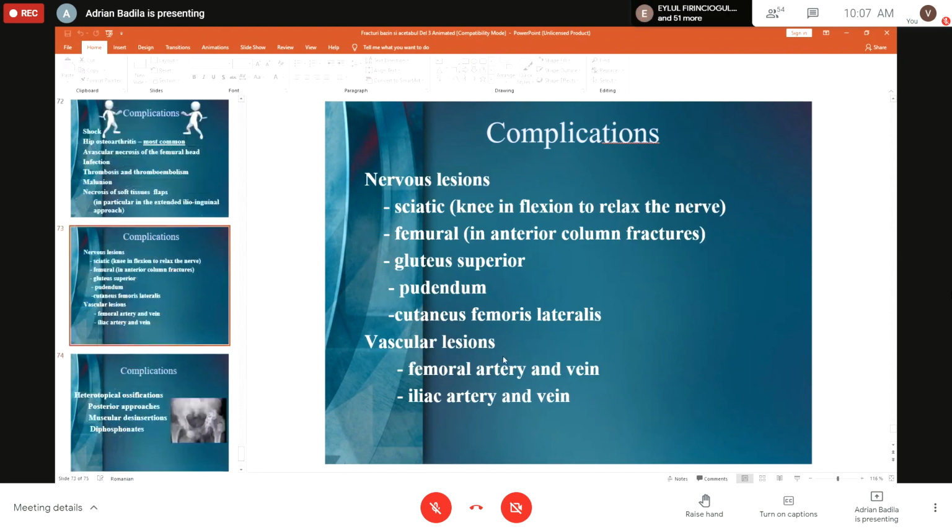Other complications are lesions of the nerves, the sciatic, femoral, gluteal, pudendal, or lateral femoral cutaneous nerves, and lesions of the femoral arteries and veins, or of the iliac arteries and veins.